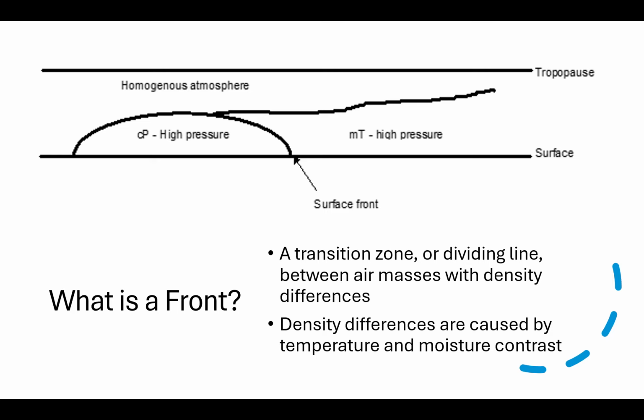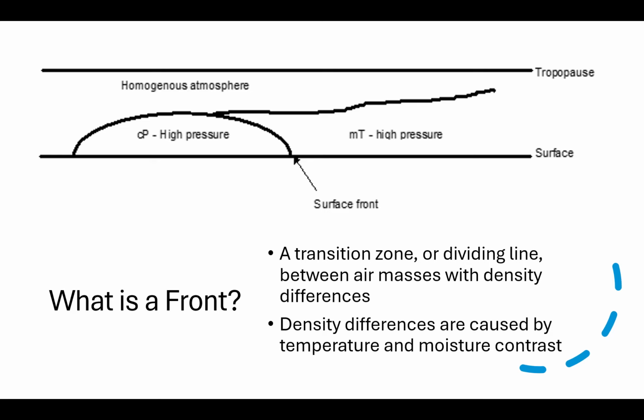And we're going to start off with the definition of what is a front. It's simply a transition zone or a dividing line between air masses. I talked about the air masses in a previous video. These air masses have different temperatures and they have different density. Cooler air masses have heavier density, or are more dense, versus warmer air masses, which are less dense, with least density.